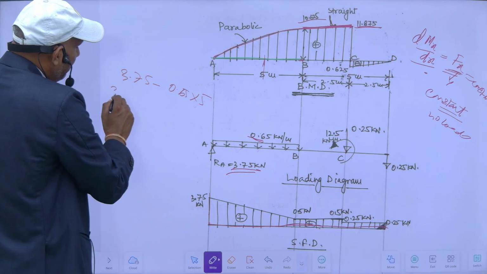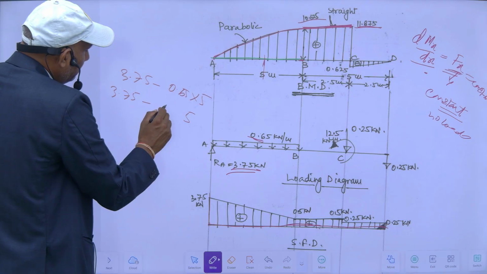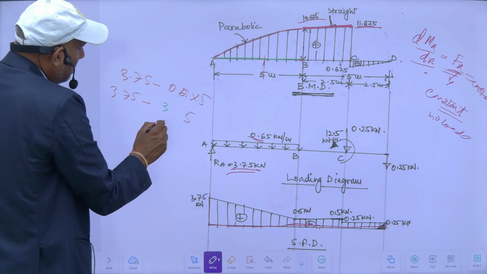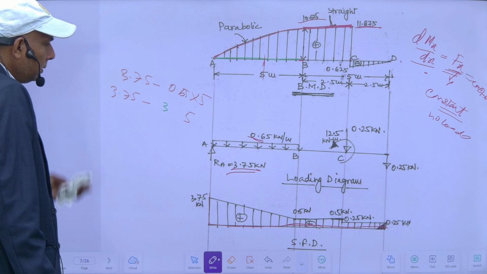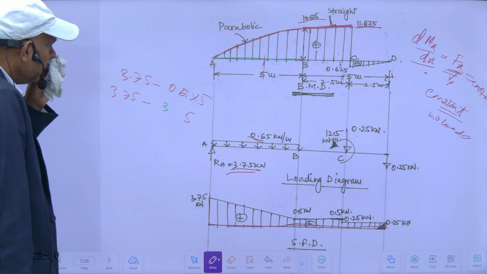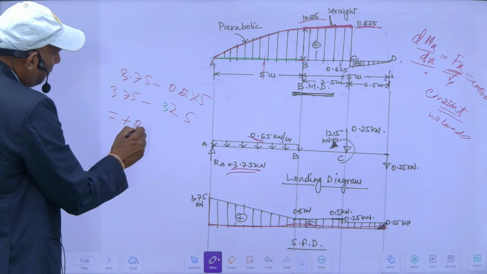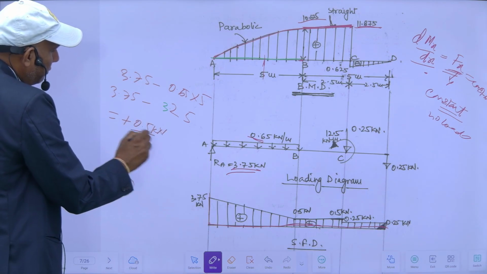So it will be 3.75 minus, so it will be plus 0.5 kilonewton shear force.